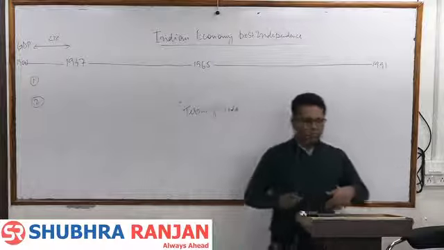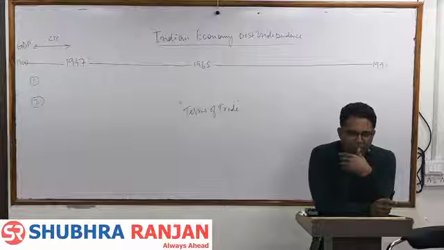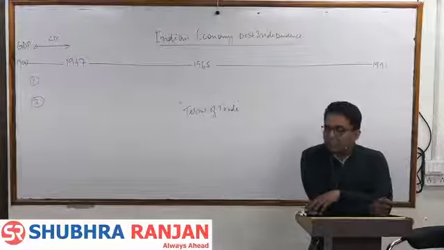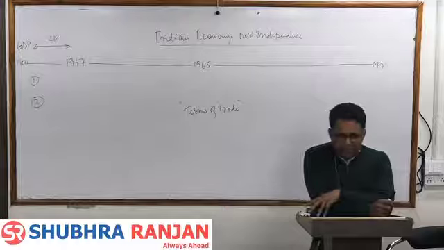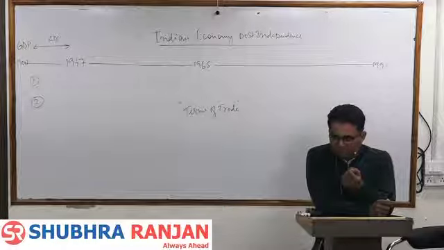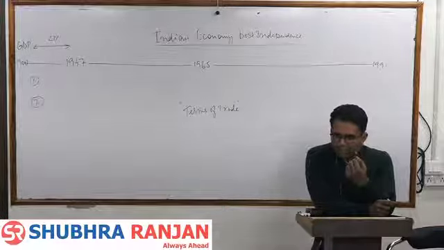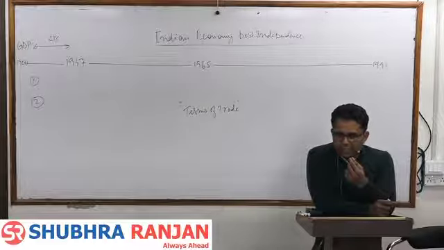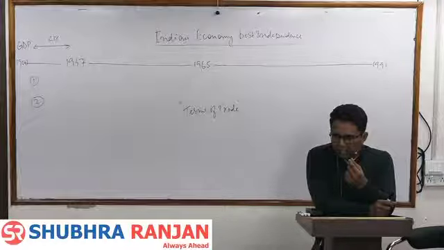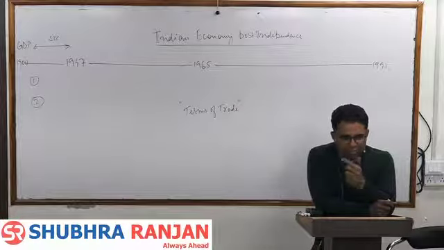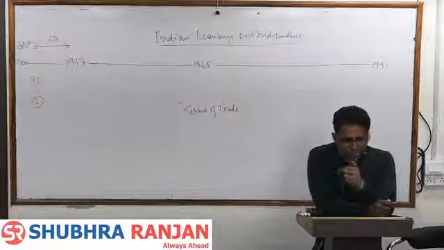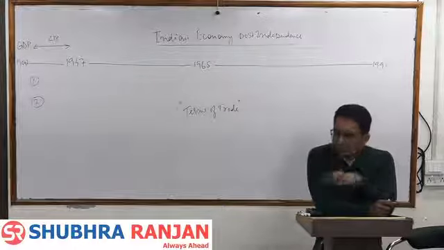So at that time there was a kind of division of labor which we call international division of labor. In the sense, if a needle is being produced, for that needle we require coal, steel, right? The coal required for that India was producing, and manufacturing of that needle was happening in Britain.